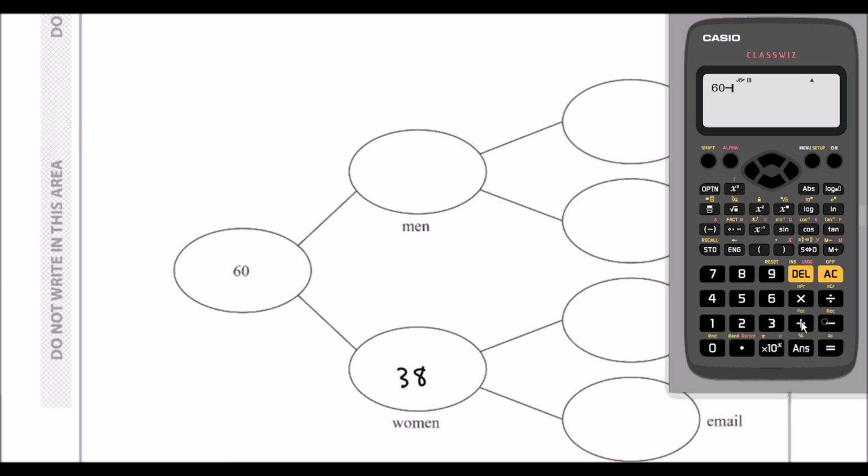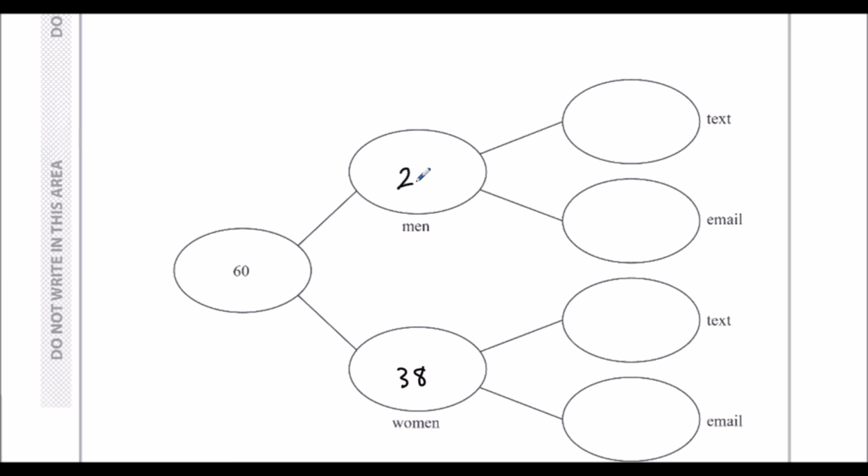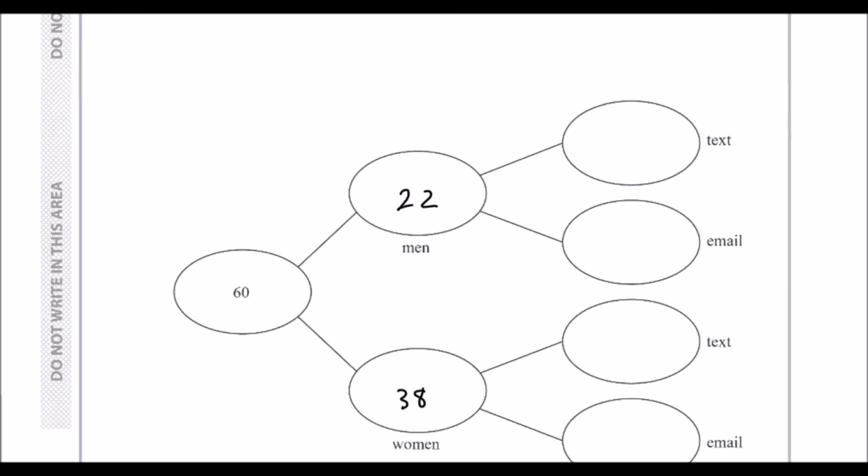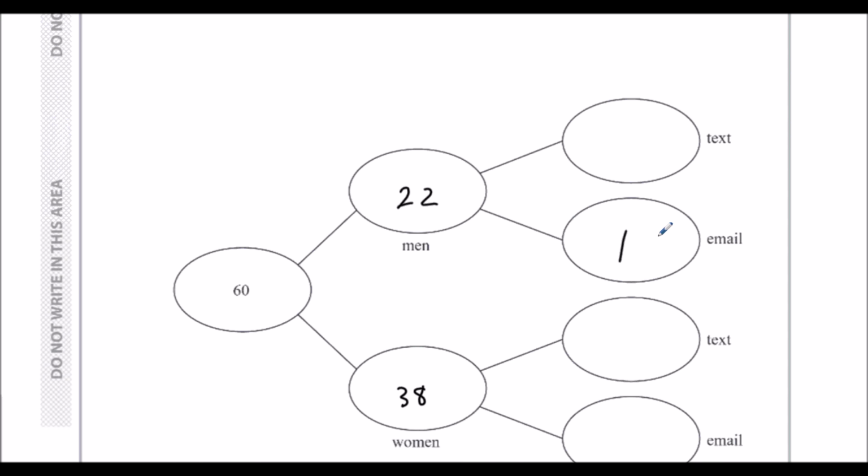So 60 take away the 38 means there are 22 men. 15 of the men prefer to email. 22 take away 15 leaves 7. So 7 prefer to text.